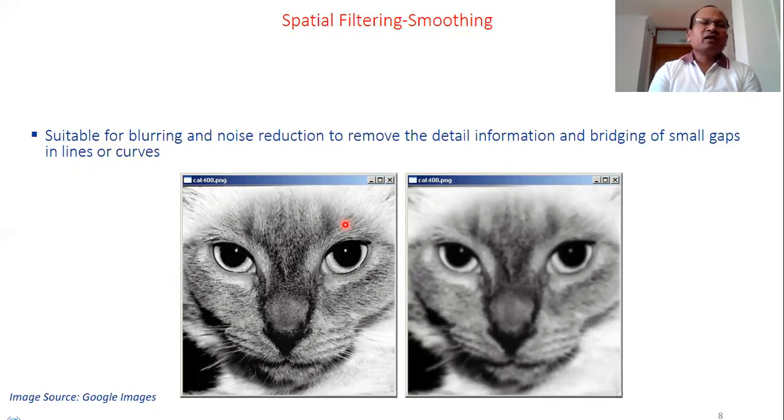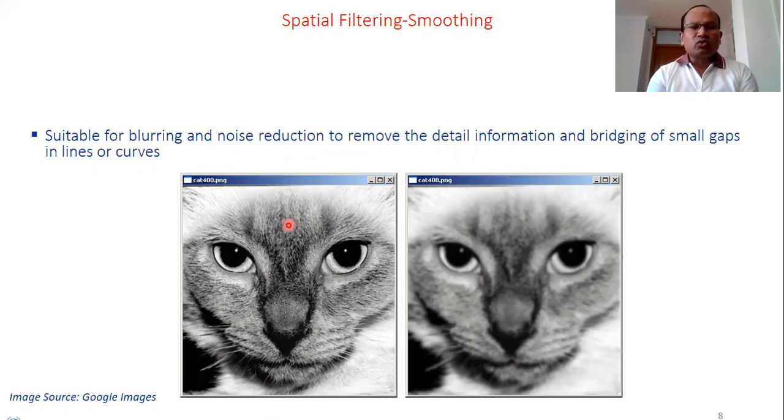So it is suitable for blurring and noise reduction, to remove detailed information, and for bridging small gaps in lines and curves. Whenever there are small gaps between lines or curves and you want to bridge them, this smoothing operation is performed.